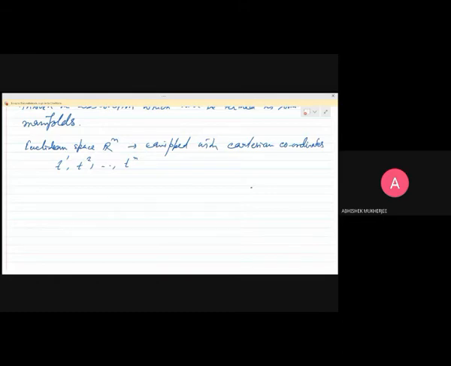Okay. So we are just transferring the notion of calculus from Rn to a general kind of space.